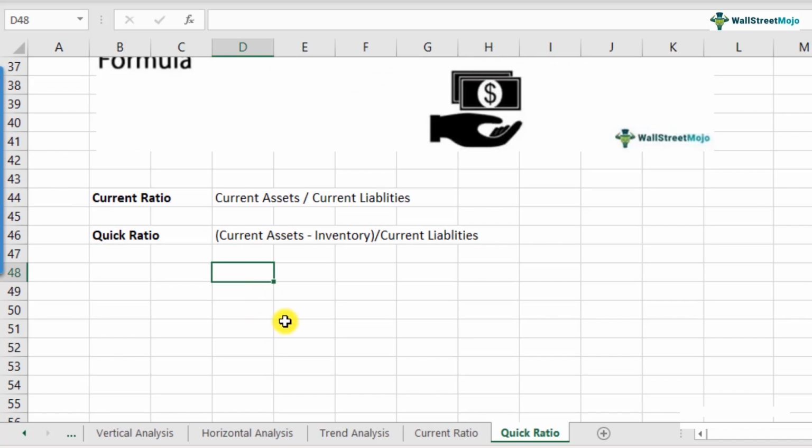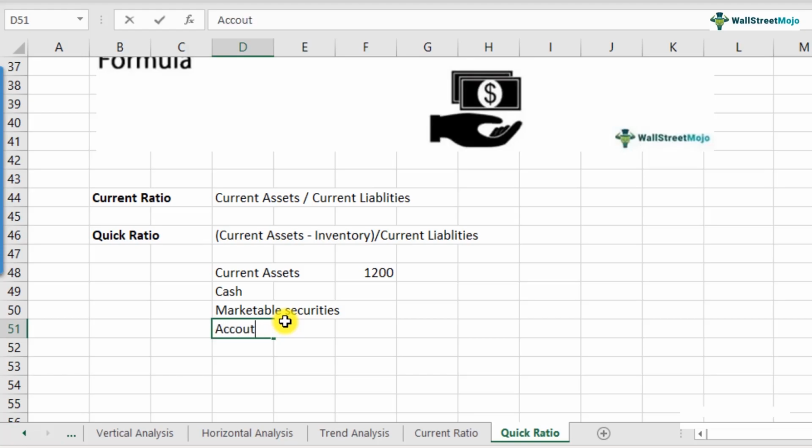Let's look at an example. Let's say there's a company whose current assets is 1200. I would also give you the bifurcation of the current assets: cash, marketable securities, right? We just discussed marketable securities. Marketable securities are those securities which are tradable. You can easily sell that and convert into cash.